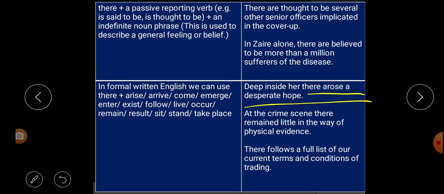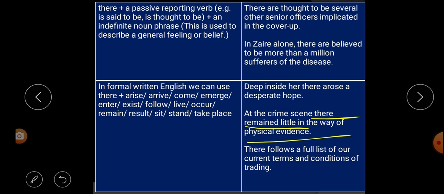What happened? There plus arose. So we can use it in this way also. Next example. At the crime scene, there remained little in the way of physical evidence. So there plus remain.